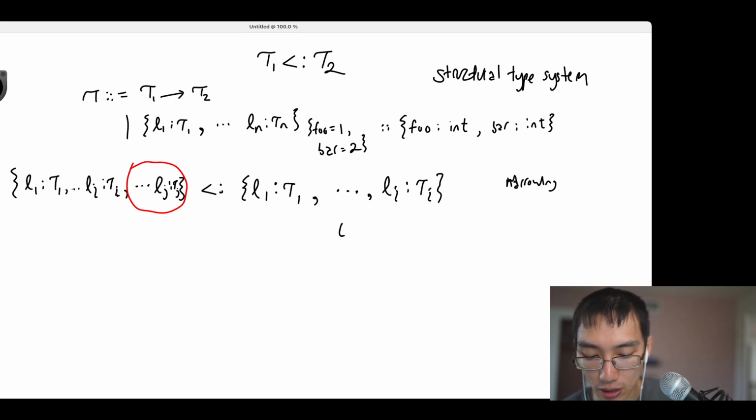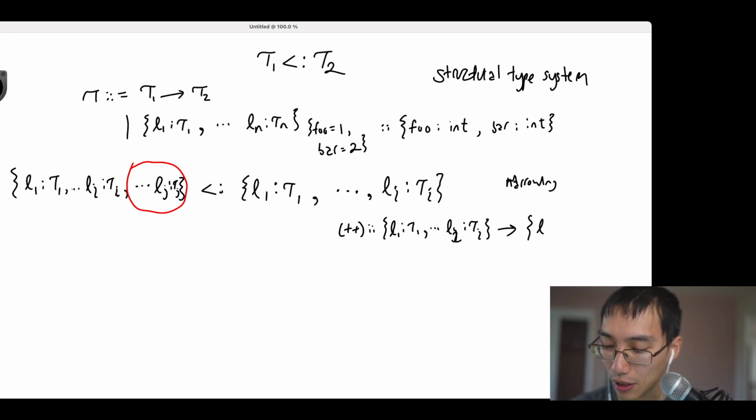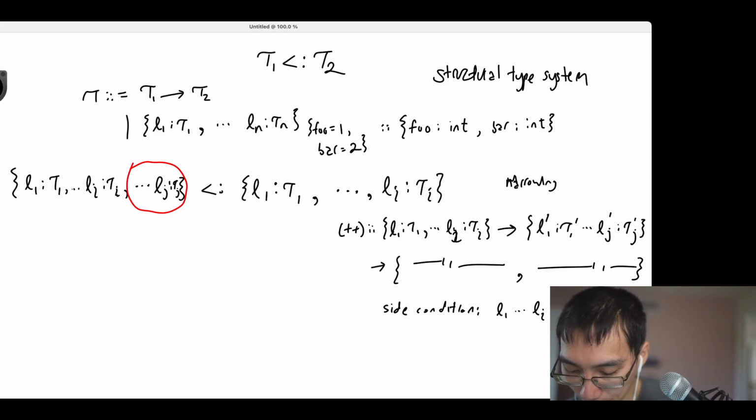For example, to append records, we could define something that takes in a record of type L1, T1 to Li, Ti, and then takes another record of type L1', T1' to Lj', Tj', and gives back the union of the two, maybe with a side condition that L1 to Li is disjoint from L1' to Lj'.